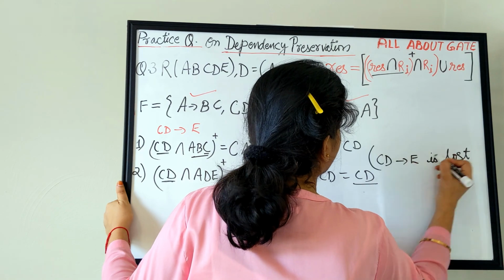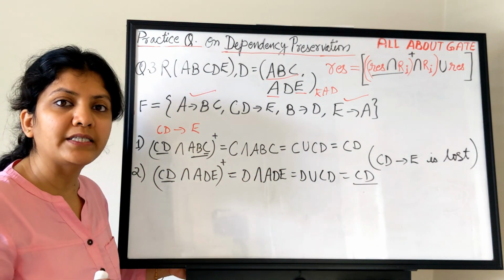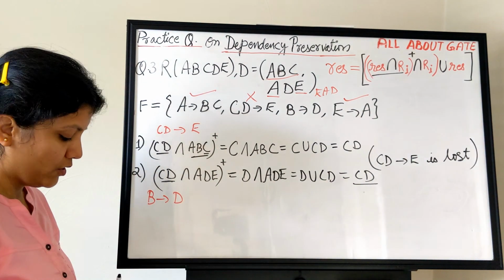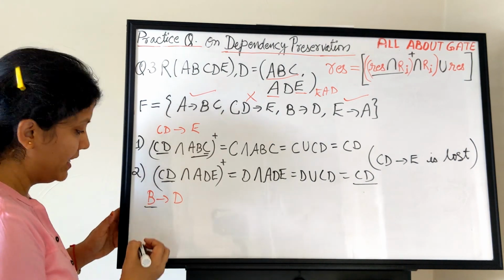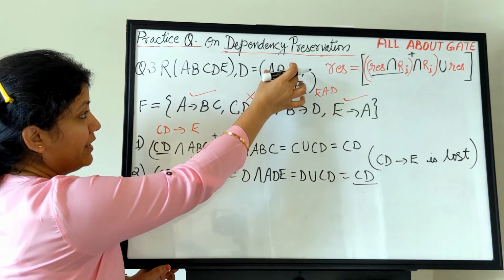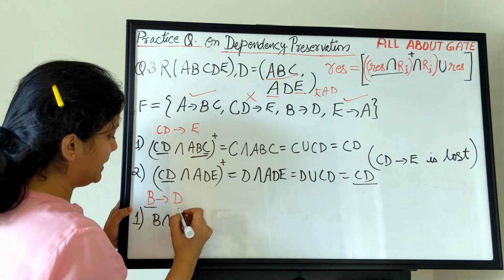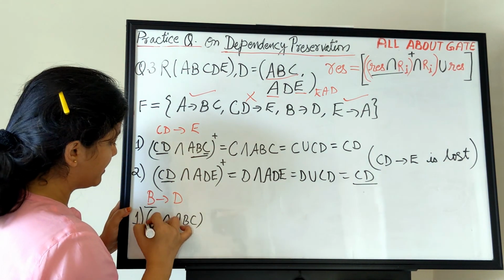This is the very first example for you to understand how a functional dependency can be lost. Right here in front of you, I'm checking this B to D also. B is my starting point. The very first step with any decomposition: I take B, take intersection with ABC, because I can see that B is common. Now take its closure.